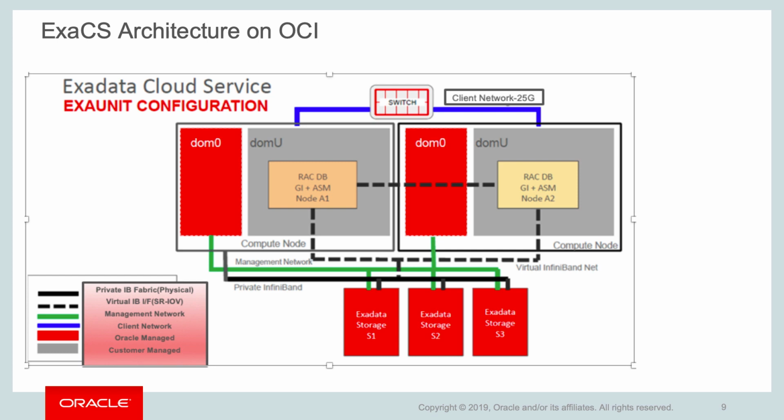Operating system security for DomU is based on an SSH public-private key pair. Customers register a public key in each DomU. After that, the corresponding private key must be provided in order to connect to a DomU using SSH. At all times, the customer retains the private key that enables access to the DomU operating system.